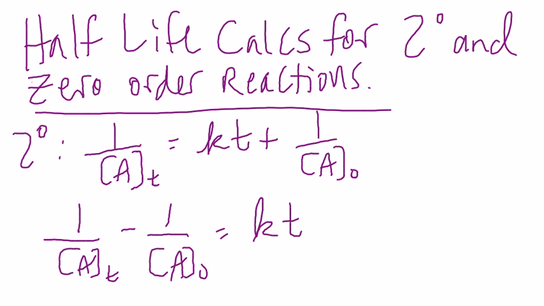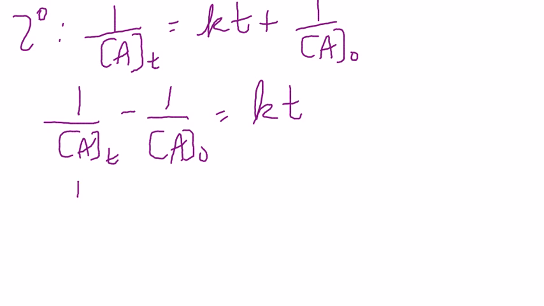Now if this is the case, we're going to substitute AT, which is A naught over 2, so 1 over A naught times 2. Let's go ahead and do that.